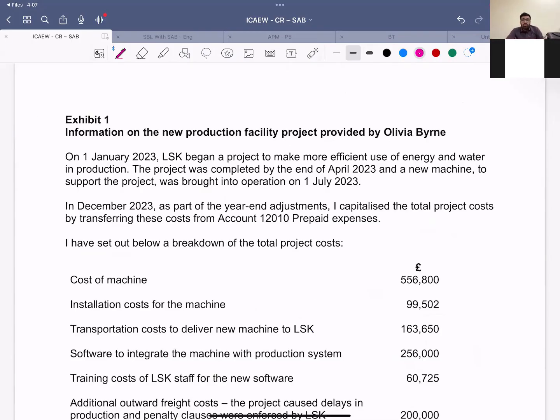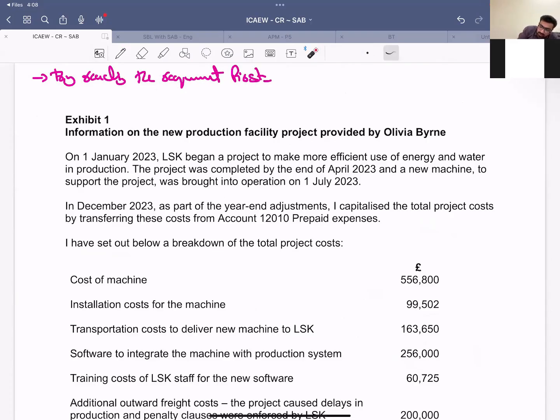Well, I would suggest to you to try reading the requirement first, right? Why would you suggest that? The reason is that if you read the requirement, you can easily jot down your points.